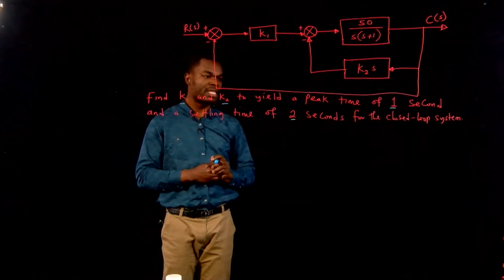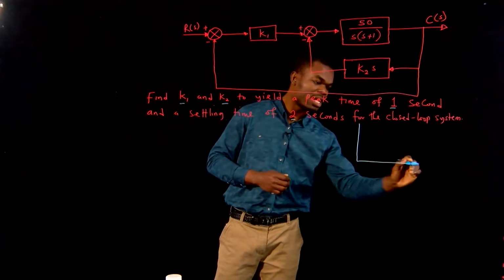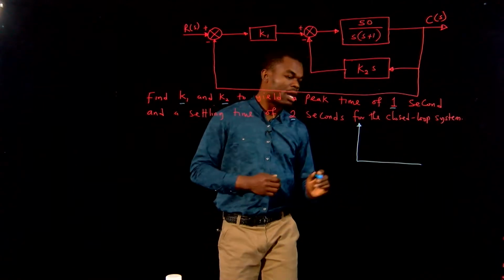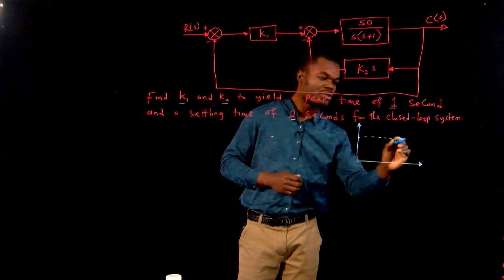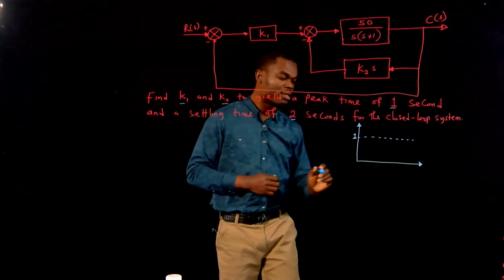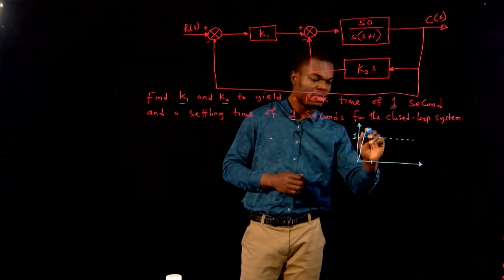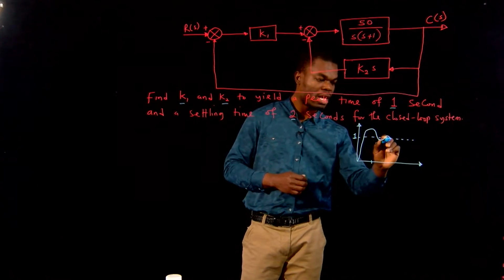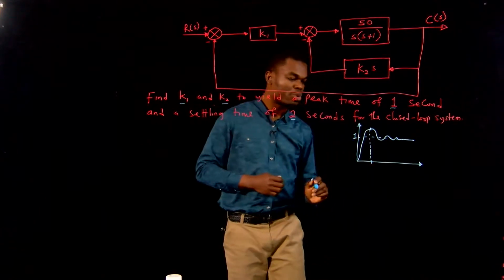If we want to interpret that in the time domain, what that implies is that if we have the time response of the output, and our first output, let's say, is at 1 second, it means that the time it would take to reach the maximum peak as this oscillates and settles, this maximum time, should be 1 second.